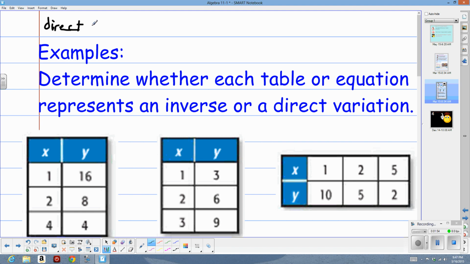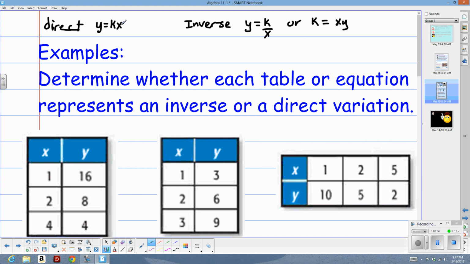Direct variations are y equals kx, and inverse variations are y equals k divided by x, or in other words, if you multiply both sides by x, you get k equals x times y.